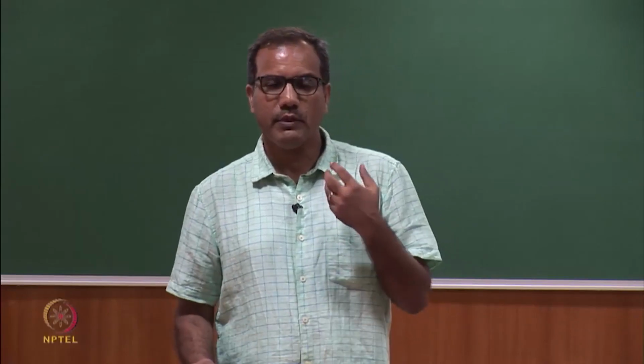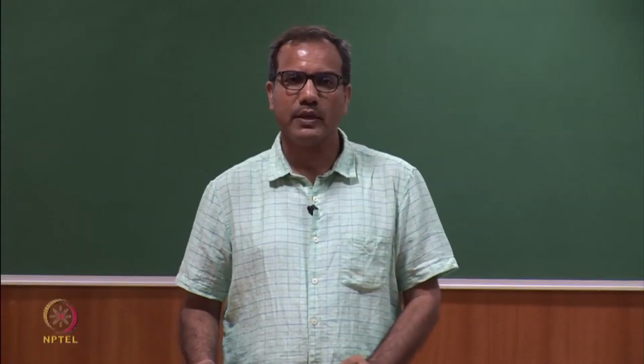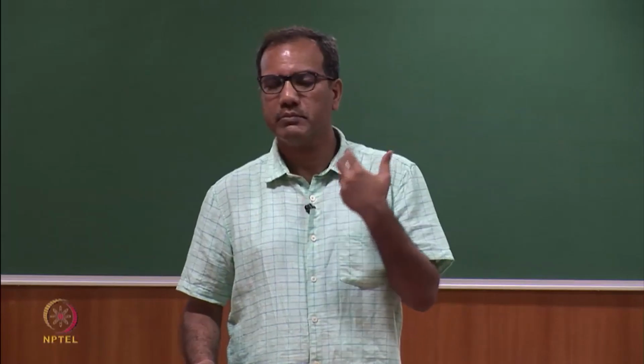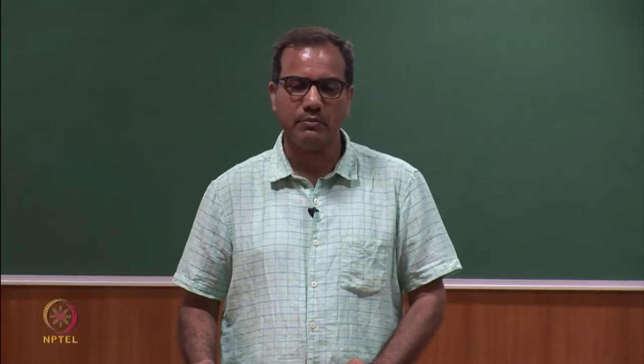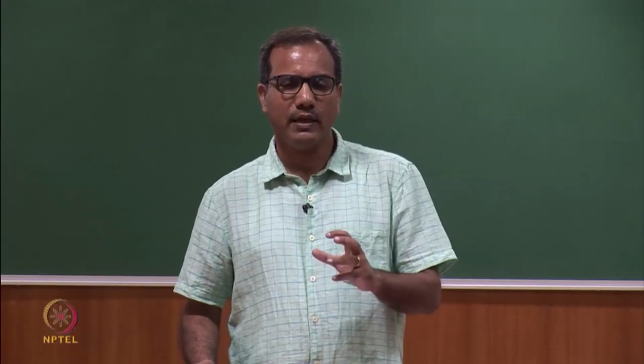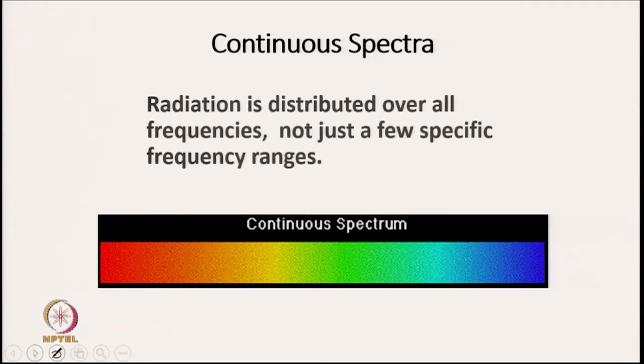So, if you look at the spectrum observed from different sources, particularly emission spectrum, you will either see a continuous spectrum in which radiation is distributed over all frequencies, not just a few specific frequency ranges. So, you can see it is going from the red to blue. So, basically radiation is distributed over all frequencies in a continuous spectrum.